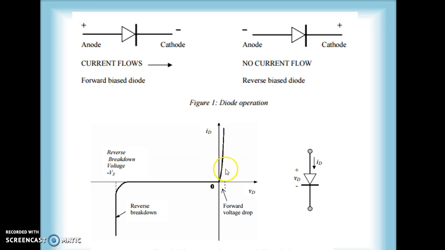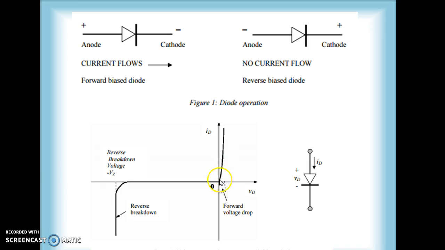This is the first quadrant. In the forward bias condition, when we start to increase the voltage, initially the diode will not conduct because a potential barrier is there inside the diode. When we increase the input voltage smoothly, to say 0.7 volt for silicon and 0.3 volt for germanium, after crossing this potential barrier, the diode starts to conduct and a sharp current flows through the diode.